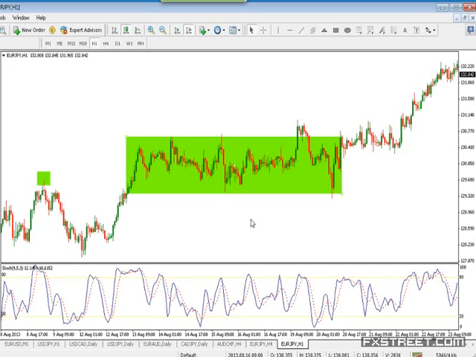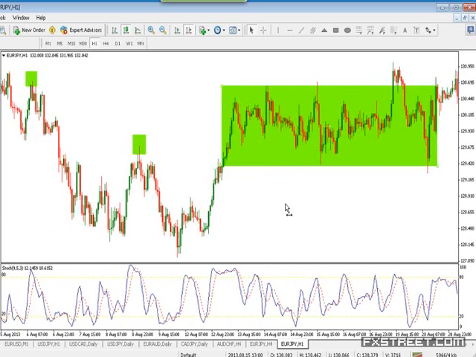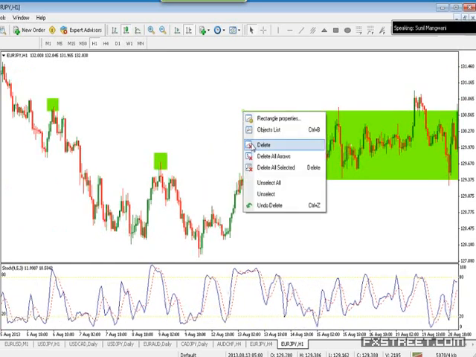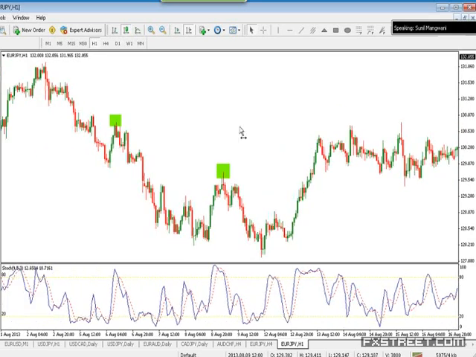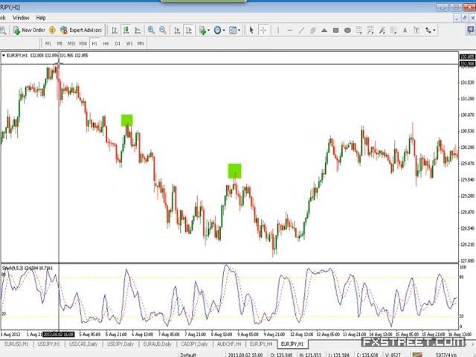Now, one of the characteristics of the stochastic is that when price is in a trend, we know that the stochastic, any oscillator, is not really effective. Now, let's just have a look at this particular downtrend. We have price moving in a pretty strong downtrend, as you can see over here.